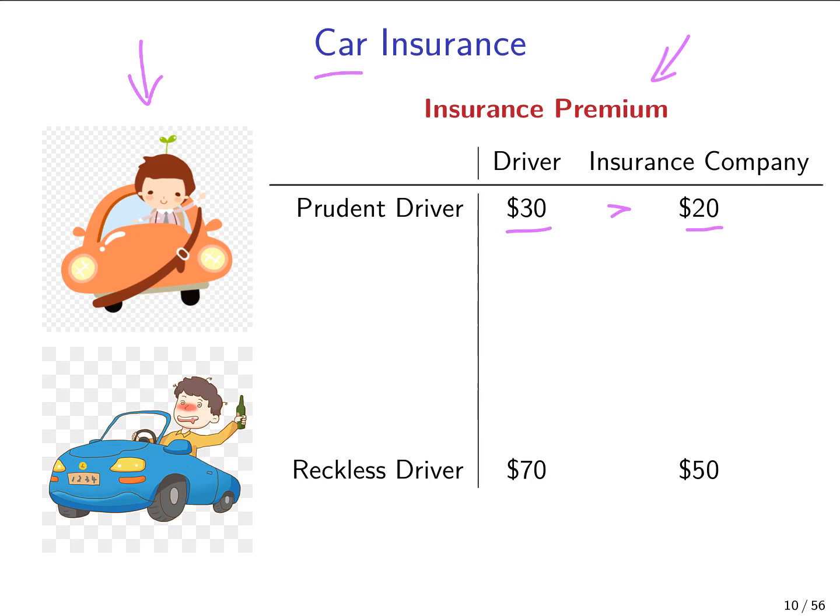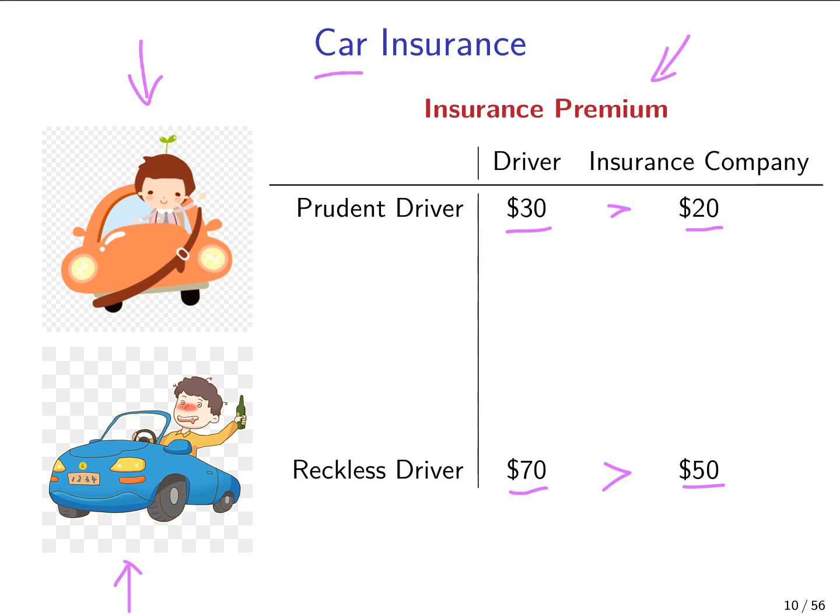And in the market, there is another kind of driver, the reckless driver here, who doesn't drive that carefully and gets into accidents more often. For that reason, it's more costly for the insurance company to insure them. And for the same reason, that they get into accidents more, they might be willing to pay more for the insurance. Again, there would be a mutually beneficial trade between them.